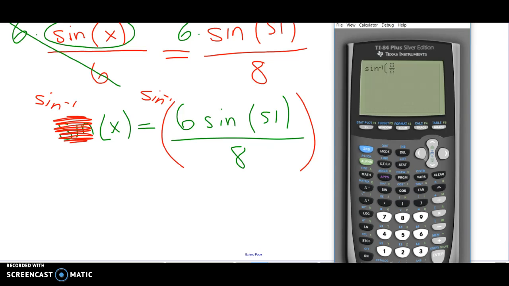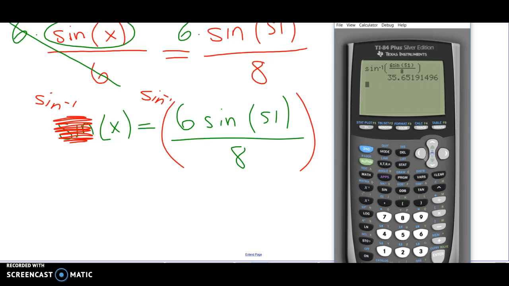And now type in the green stuff. So 6 sine of 51 over 8. Now see how it's flashing that little arrow? That means if you want to get out of the denominator, arrow to the right. And that allows you to go to the right side and close your big parenthesis.